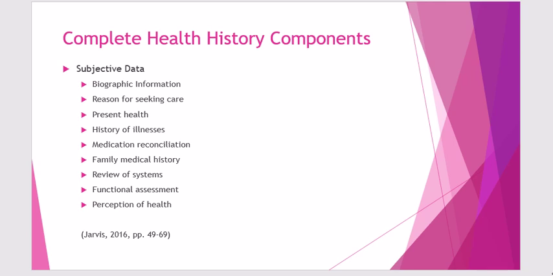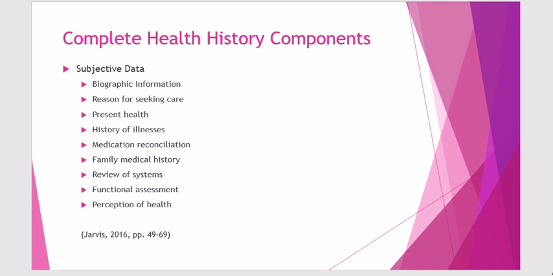Next is medication reconciliation. This is any prescribed medications that they're currently taking and or any over-the-counter drugs, supplements. Medication reconciliation is important because it helps to reduce errors and promote patient safety.